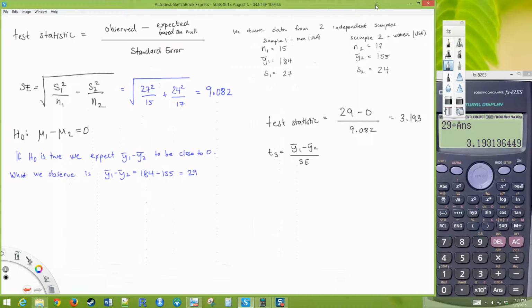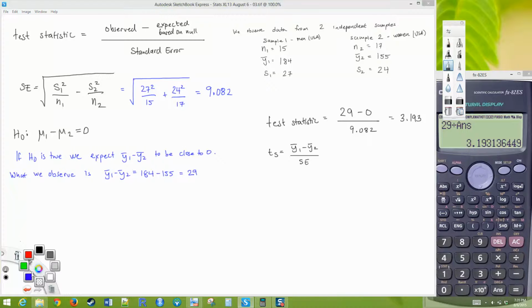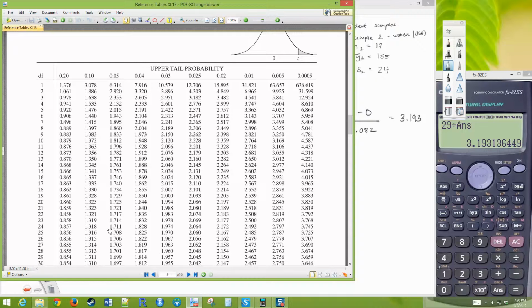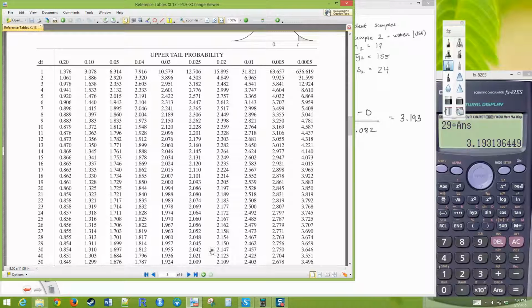Okay, so how many degrees of freedom do we have? We're going to use the same approximation, n1 plus n2 minus 2, so I have 30 degrees of freedom. We'll come to our table and use 30 degrees of freedom, and we look at this value, 3.193.